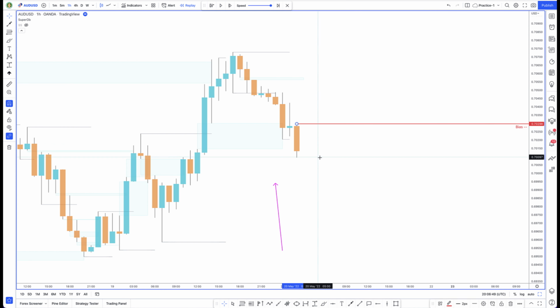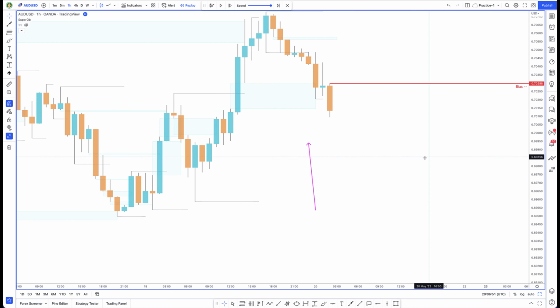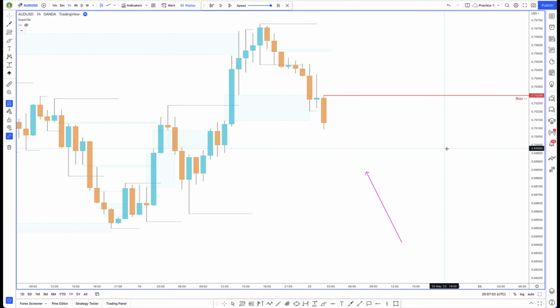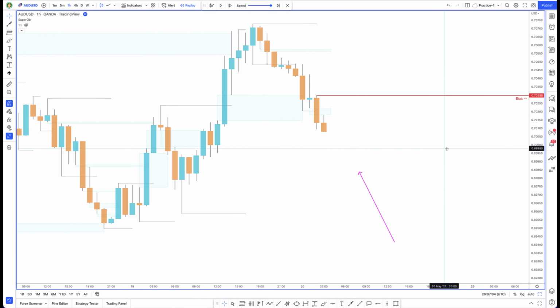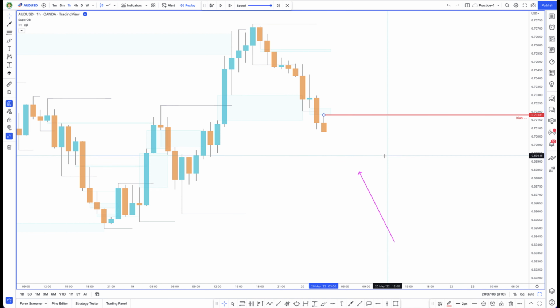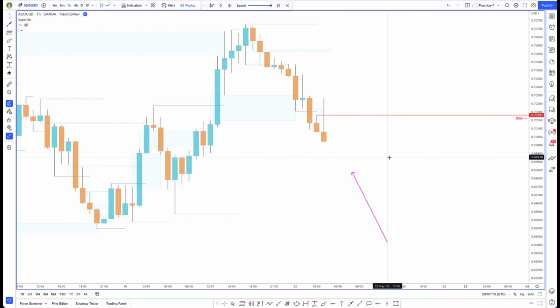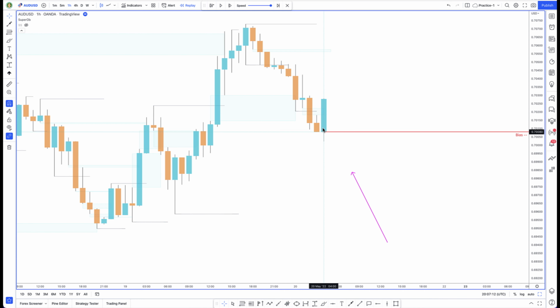Voila. You can see here I have not applied any other technique, no premium discount, no order block, nothing, just determining purely bias for a cool second. We are still bearish on this one till this gets broken over here.